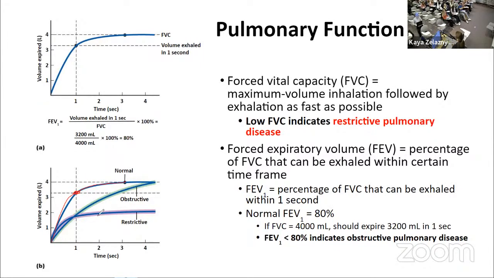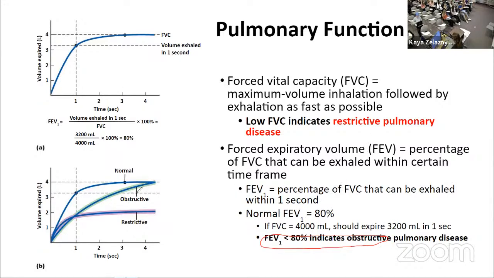We can see that in both our obstructive and restrictive pulmonary disorders, actually, we do have changes here. Okay, so here we can see that in both of these, we're getting a little slower, right? So we're going to have a lower number for both of them. But what's going to be a really noticeable point for the obstructive pulmonary disease is that it's going to be less than 80%. Okay, so these are just kind of like benchmark numbers.